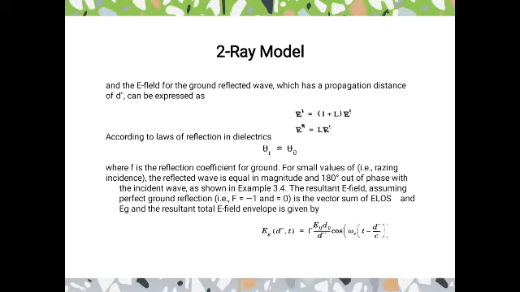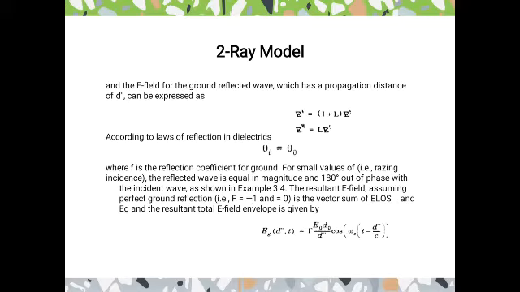That ground reflected wave E_g(d'',t) is equal to R E0 D0 / D'' cos(ωc (t − d''/c)). For small values of the incident and reflected angles, theta i equals theta 0, and the reflected wave is equal in magnitude and 180 degrees out of phase with the incident wave.